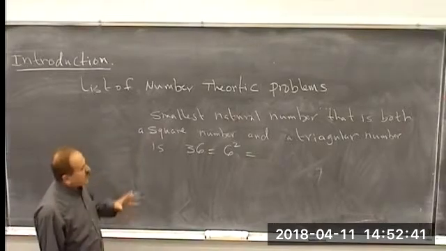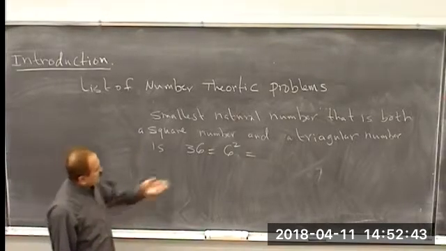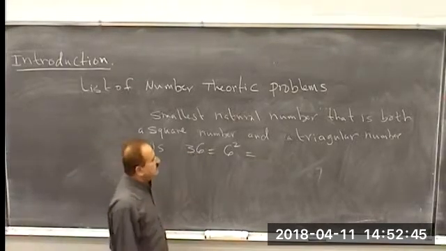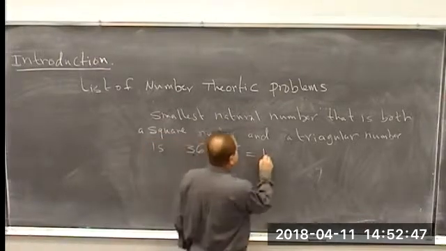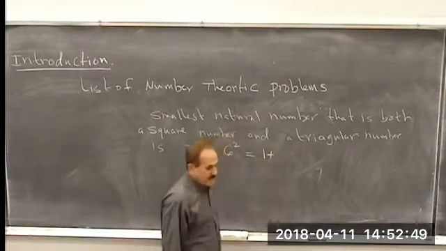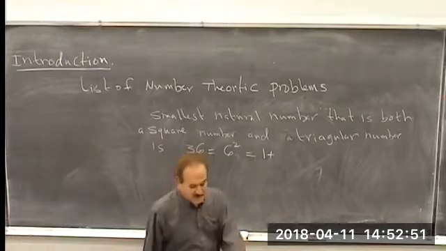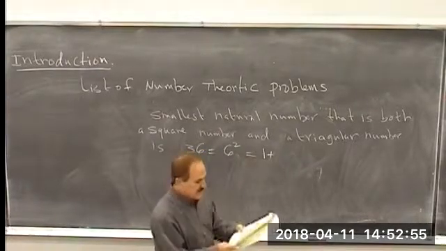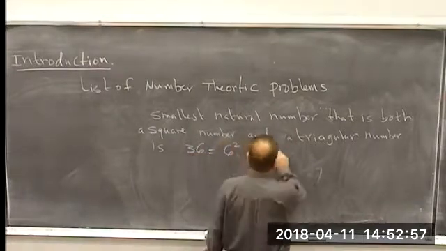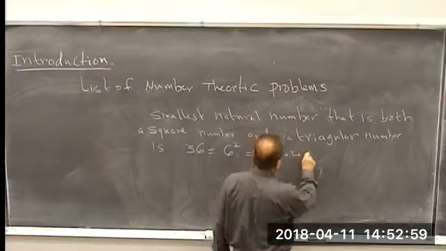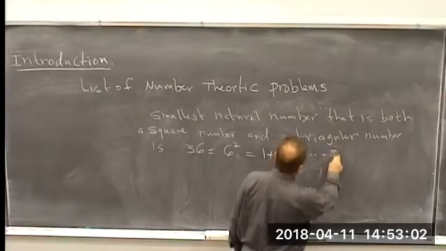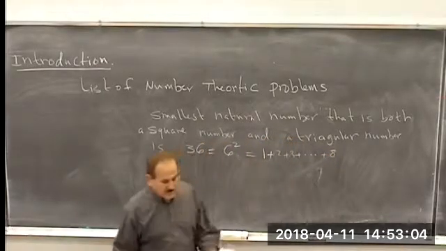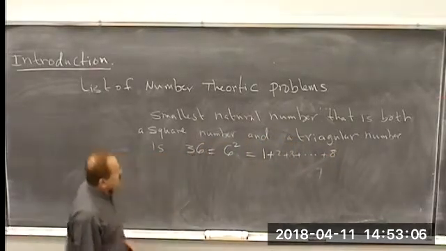And the triangular number that will be 36 is the 8th number. 1, 2, 3, and so on. If you add these, you come up with 36.